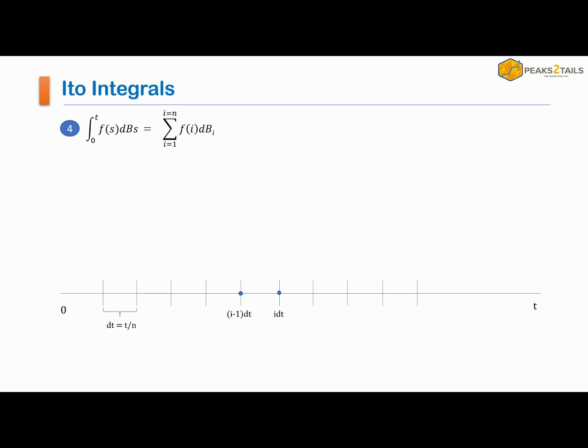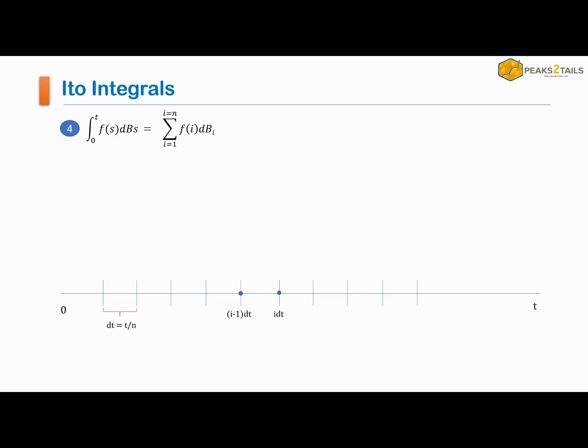Now we look at this integration as a sum. So f evaluated at each of those points i, and then the small increment dBi, and then we take a sum of these products at each different point. So this looks like a weighted average of Brownian increments, and the weights are the function values at each point.